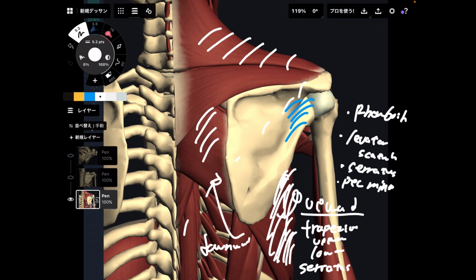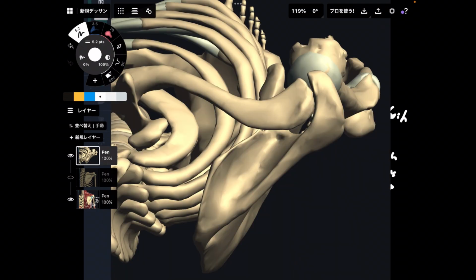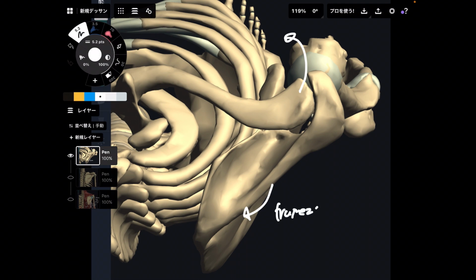Now let's go to internal rotation and external rotation. Remember, internal rotation is this way. External rotation is the other way. Okay, let me talk about external rotation first. The upper fiber of trapezius does that. Trapezius, upper fiber.